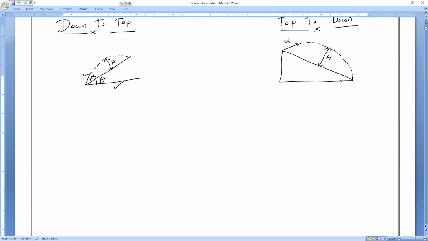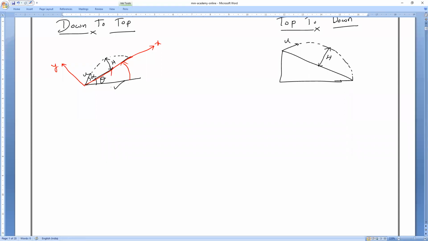For down to top, I already taught you many things like time of flight, etc. We assume that we just rotate along the incline. If I draw the perpendicular line, this is the y-axis, and this is the x-axis.